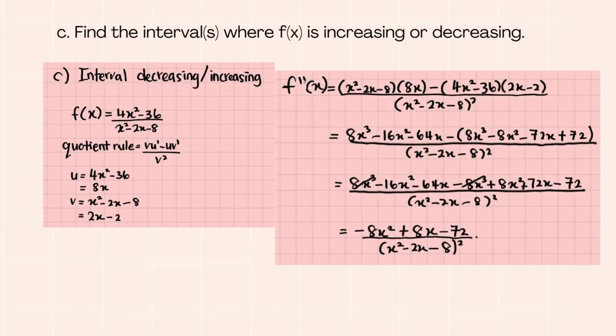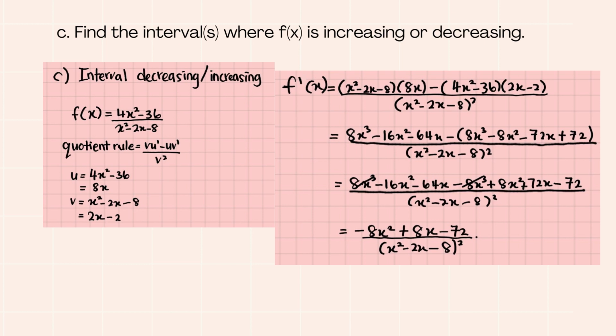For the interval, there are two parts that we have to do. The first one is to find the differentiation of the function that we have, which is f(x) equals 4x squared minus 36 over x squared minus 2x minus 8. So we need to differentiate it to become f prime x. In order for us to do that, we need to use the quotient rule because our function is a rational function.